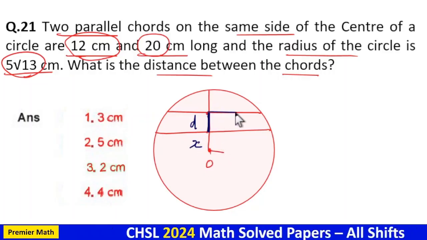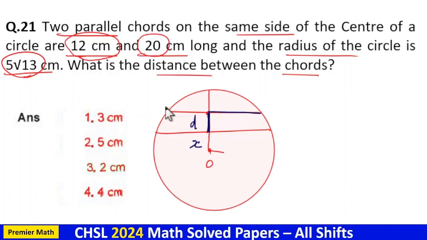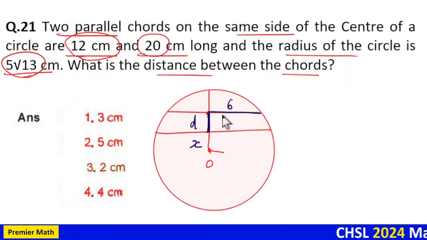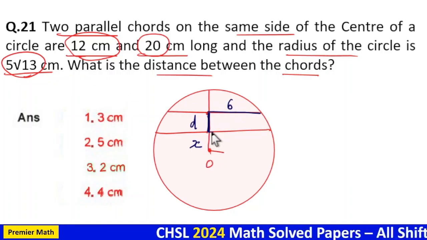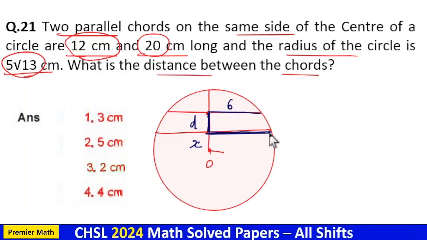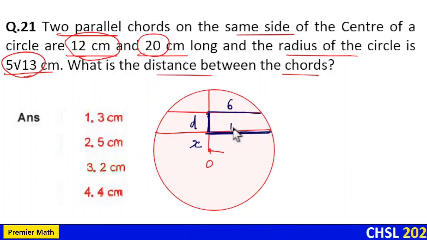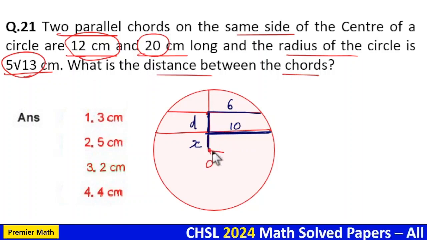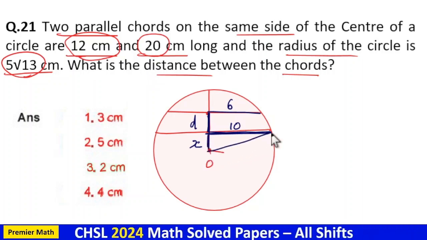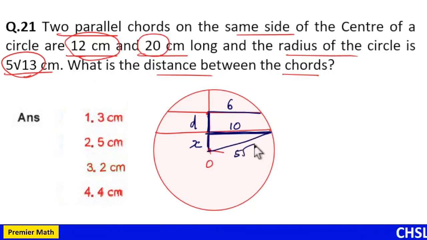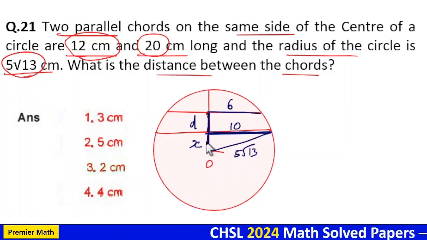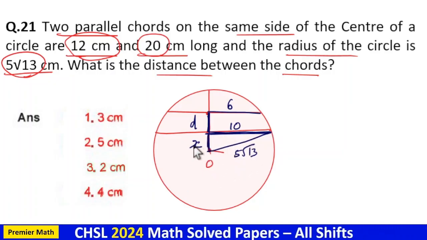If I take this length, it is half of chord length 12, that is 6. And if I take this length, it is equal to half of chord length 20, that is 10. Then you can see this is x and this is radius. This is 5 root 13. Now from this triangle we can find x.